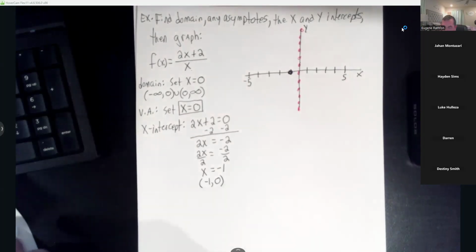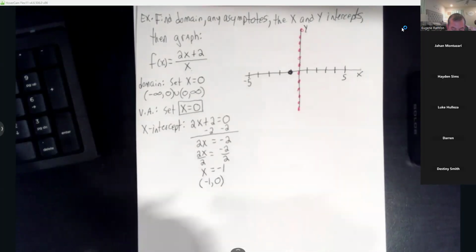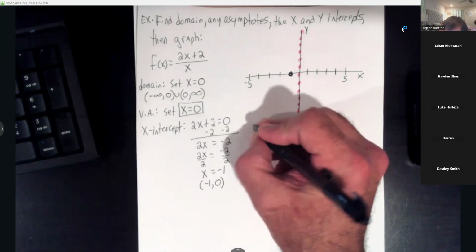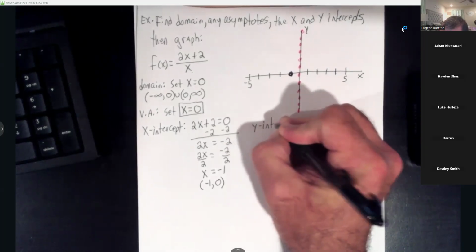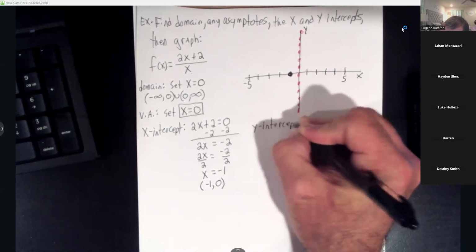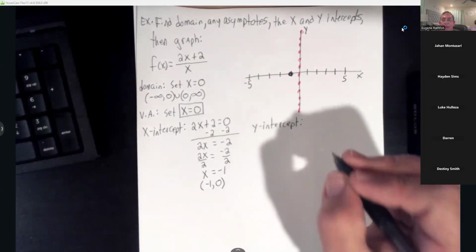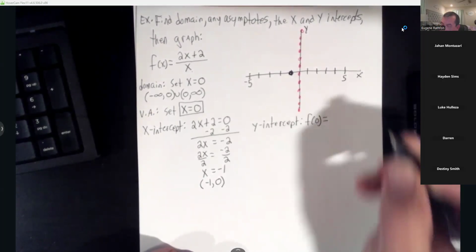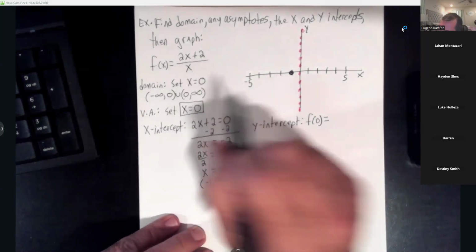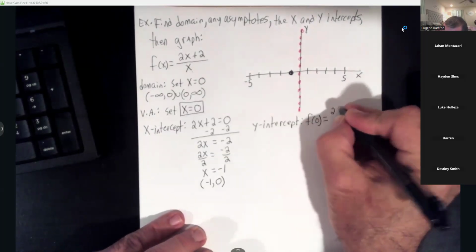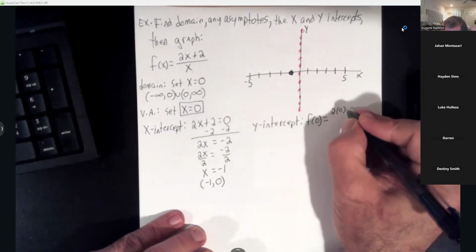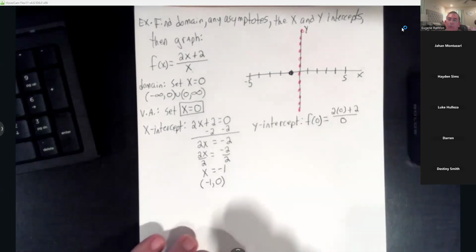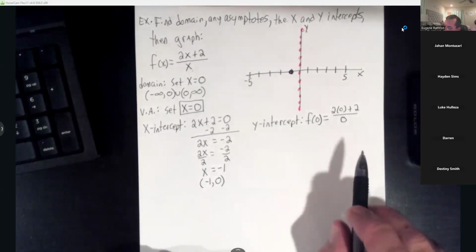All right, y'all, next is my y-intercept. So the y-intercept was equal to f of 0. So y'all put a 0 in for these x's. You've got 2 times 0 plus 2 over 0. And guess what?